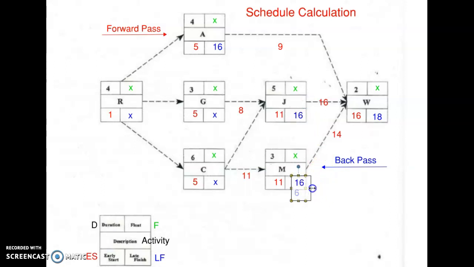And then we work our way back. So in this case, J and M both converge on C. So I've got 16 minus 3 is 13.